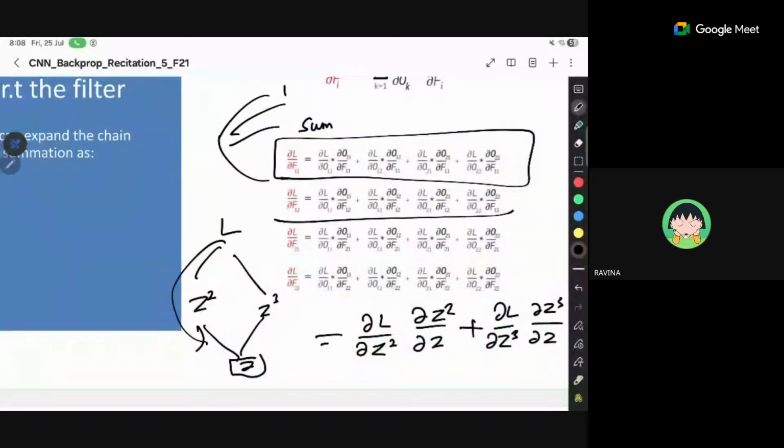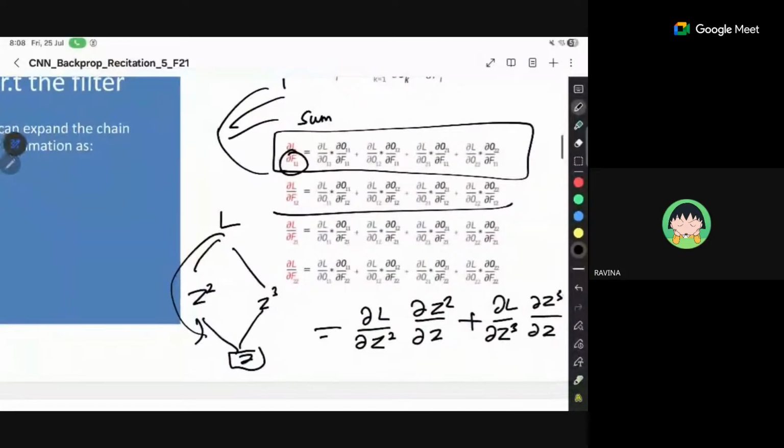So we are going across multiple paths of F11. Wherever F11 has contributed, if I'm trying to find how much F should change so that loss can be affected, that's what I wanted to find, right? So I have to multiply this across each path, and then I have to sum those paths.